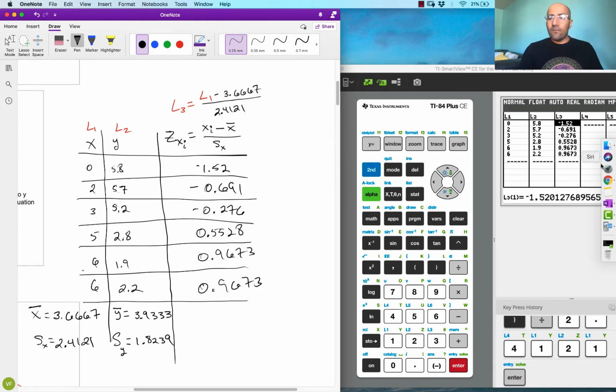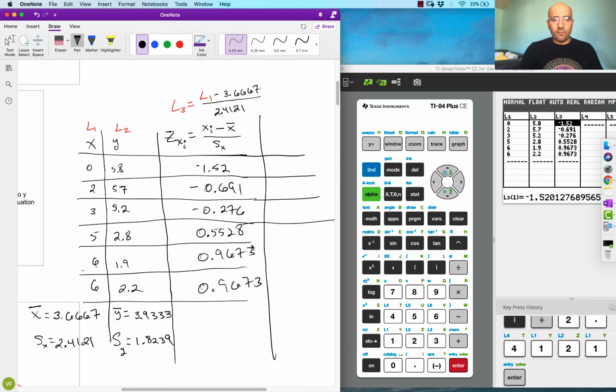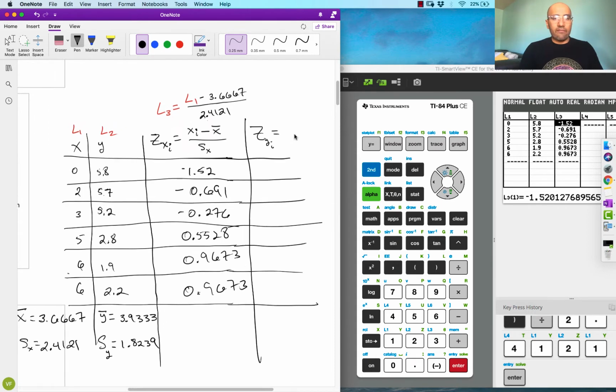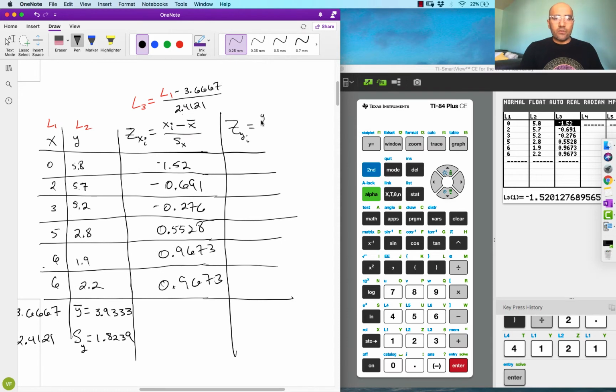At any rate, we're going to keep those in there, and now we need to make a new column for list 4. And list 4 is going to be the same thing, but for the y values. I need the z-scores associated with each y value, which is going to be equal to y sub i minus y bar divided by s sub y.